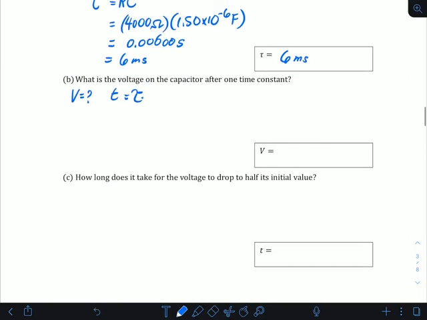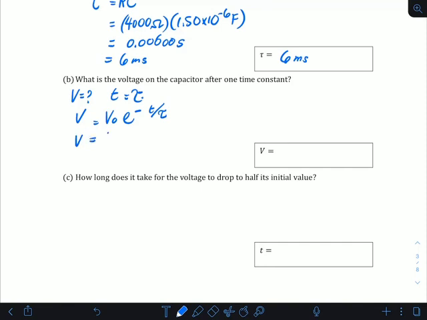So going back to our equation, V is equal to V naught e to the minus t over tau. So we're going to plug in for this.